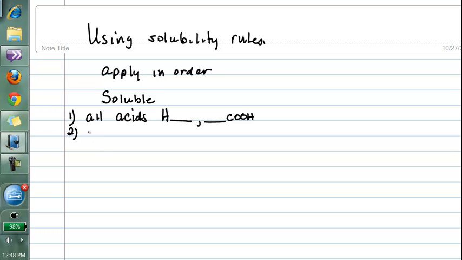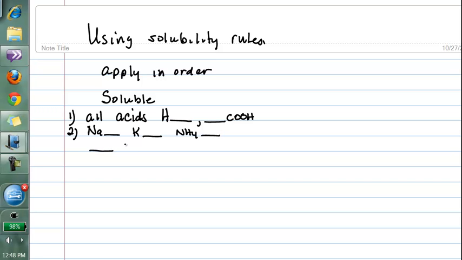Rule number 2 is that compounds that start with sodium, potassium, or the ammonium ion. And you'll notice how I have this written: sodium and any anion, potassium and any anion, ammonium with any anion will be soluble.